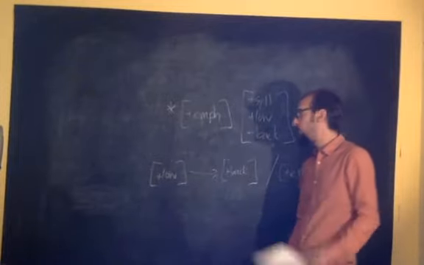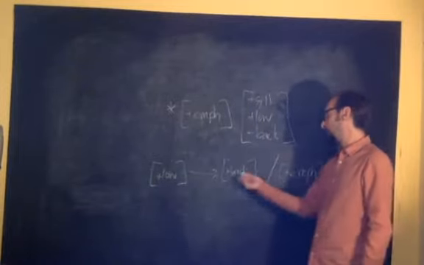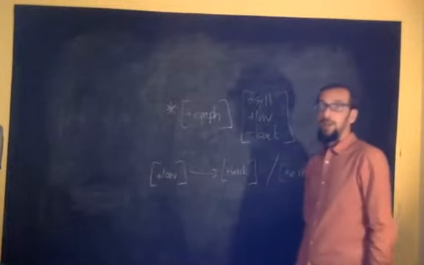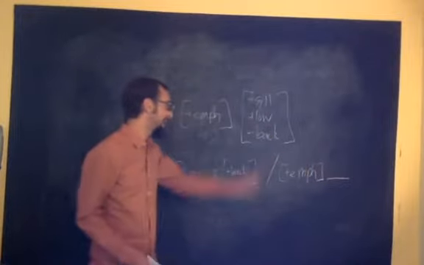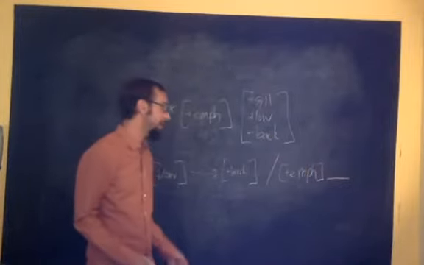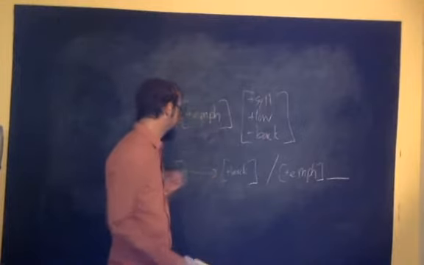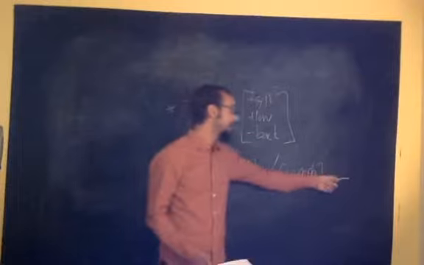It's going to involve some change. In this case, we're changing a different feature. And then that change is going to happen in some context. And so we separate the context using the slash notation. And then we show the target segment, like where we're trying to look for the structural description, using an underscore.